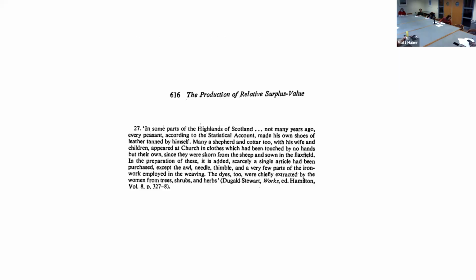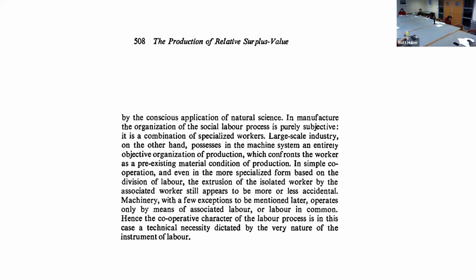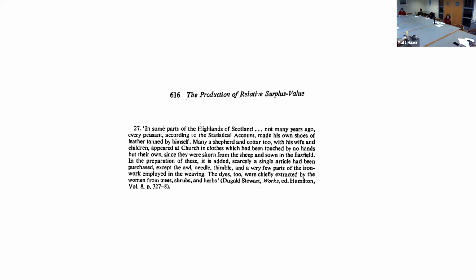But before we get to that, I wanted to reflect on, again, what does he mean by socialization of production, social labor? This little footnote from 616, where he talks about how in some parts of the Highlands of Scotland, not so many years ago, every peasant, according to the statistical account, made their own shoes, leather tanned by themselves.